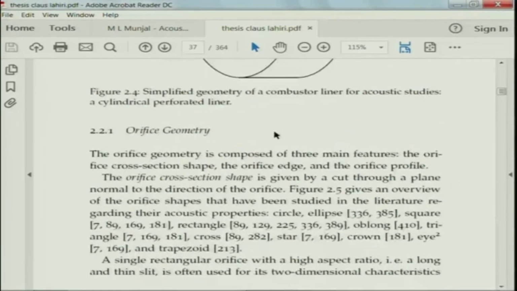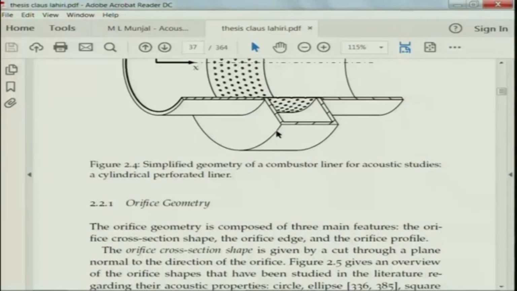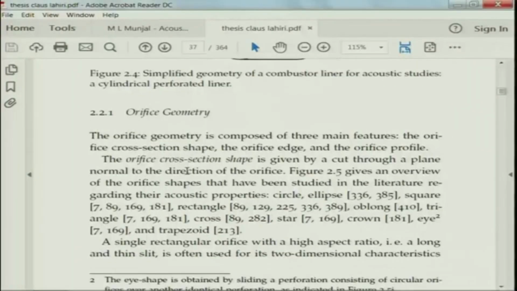These shapes are also known as orifices. They are basically small holes in thin bent pipes or something like that. They need not necessarily be of circular shape, they can be of a number of shapes. So, they are called orifices, and as he mentions, the orifice cross section shape is given by a cut through a plane normal to the direction of the orifice.